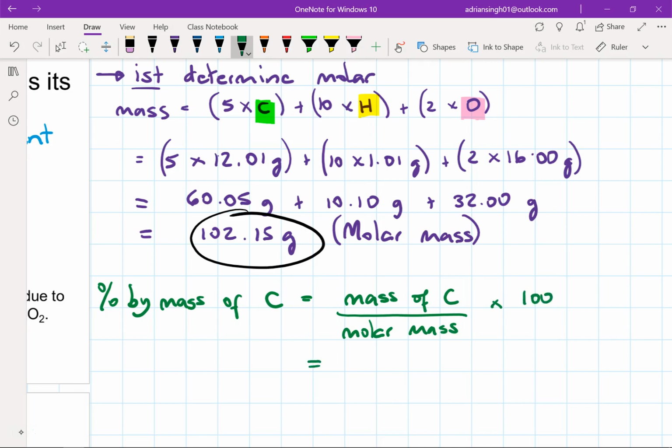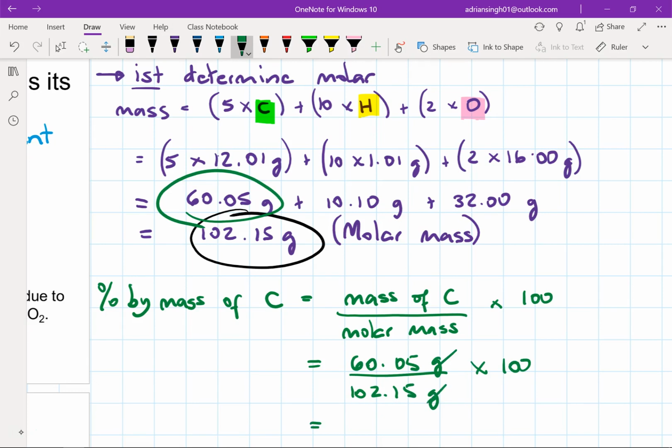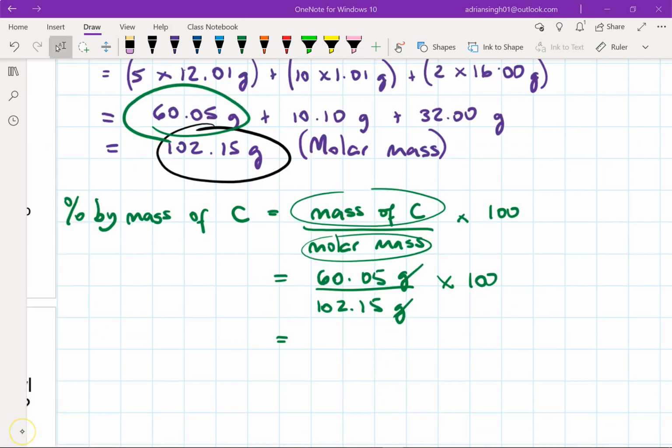We already have the mass of carbon up here, so we have 60.05 divided by 102.15, our molar mass, times 100. The mass of carbon is our part, the molar mass is the whole, the entire thing. This gives me 58.79% carbon in this compound.